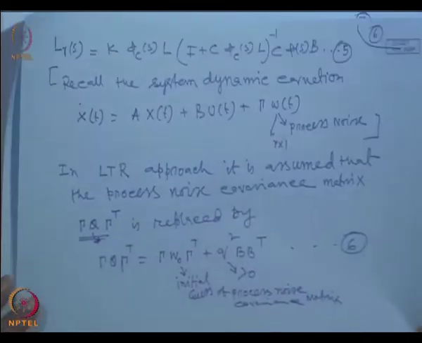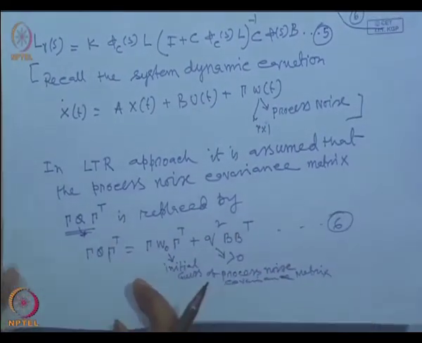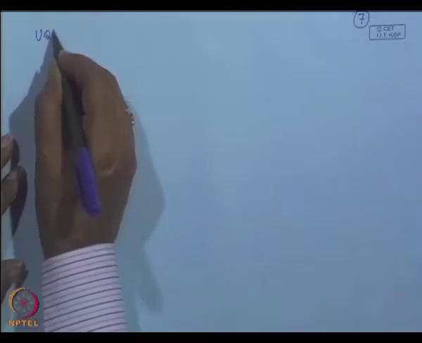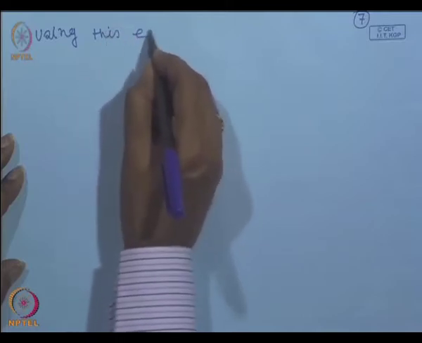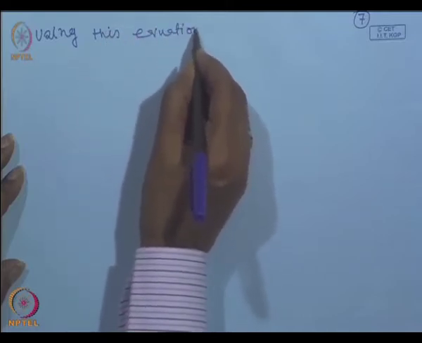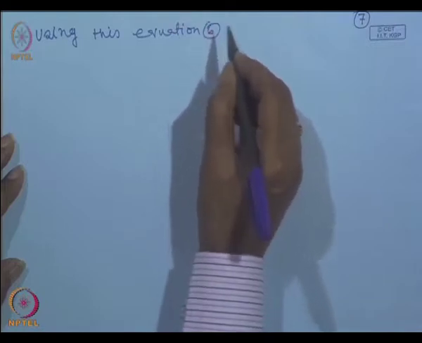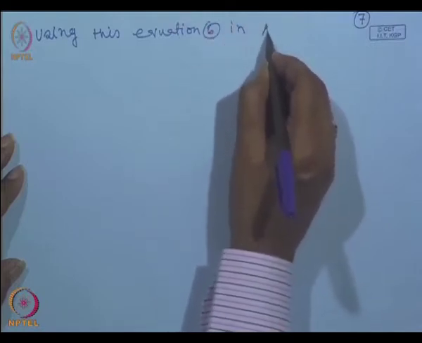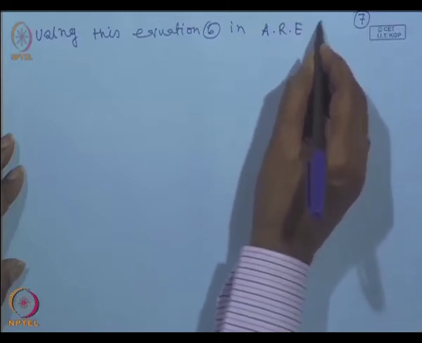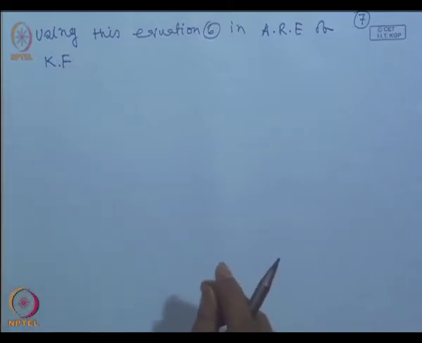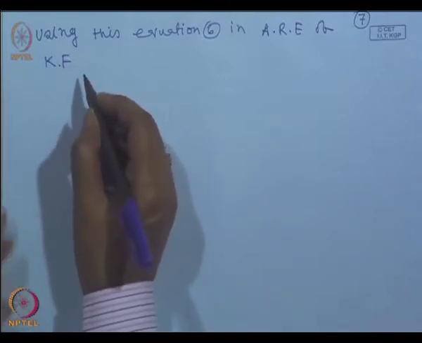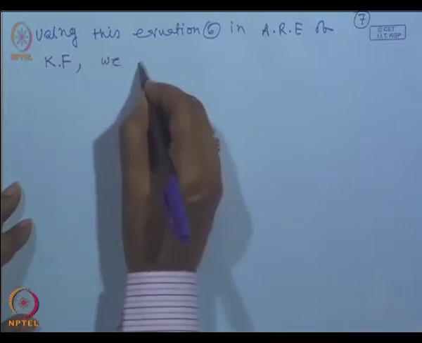Now, using equation 6 in the ARE, the algebraic Riccati equation of our Kalman filter that we have discussed last class.